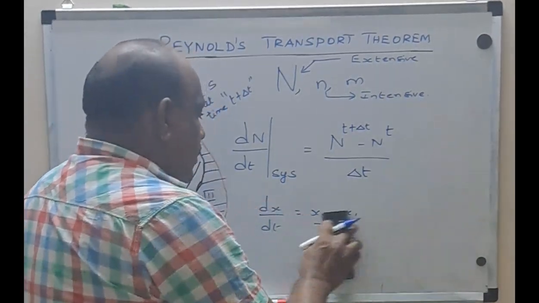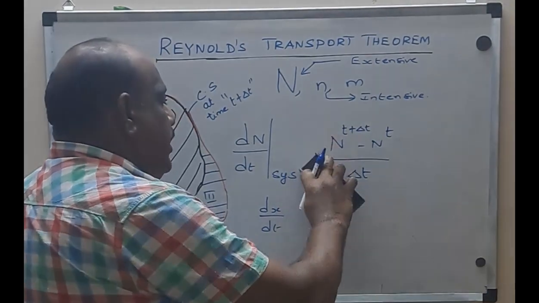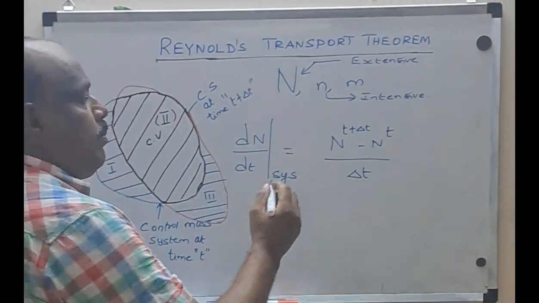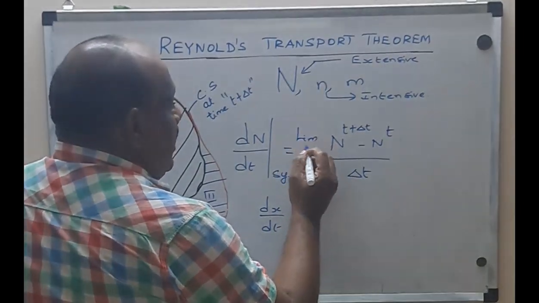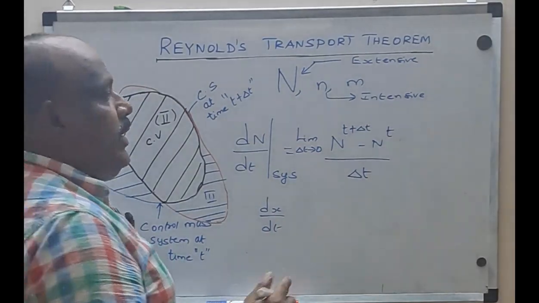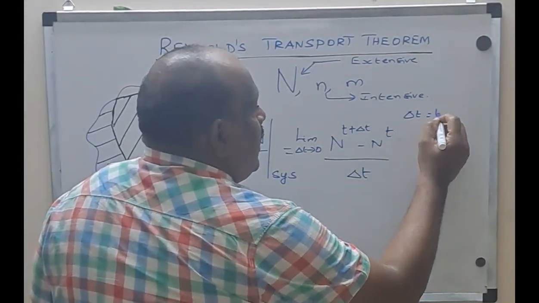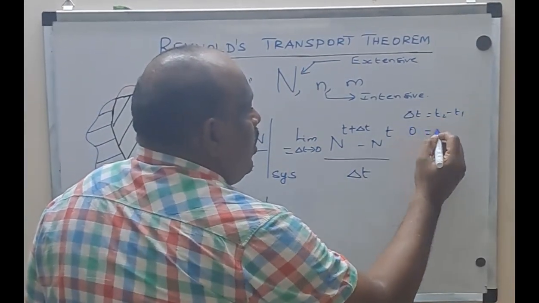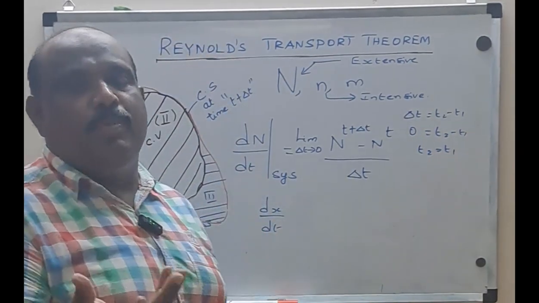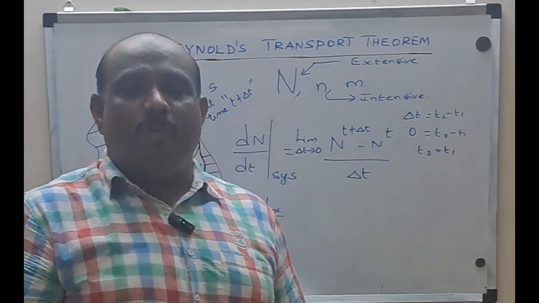Still it is not over. Why is it still not over? Because I told you the differential operator is not equal to the difference operator. Then I have to put the limit: delta t tends to 0. What is meant by delta t tends to 0? What is delta t? It is t2 minus t1. When will this become 0? When t2 equals t1. That is what we used to put earlier, when t2 tends to t1.